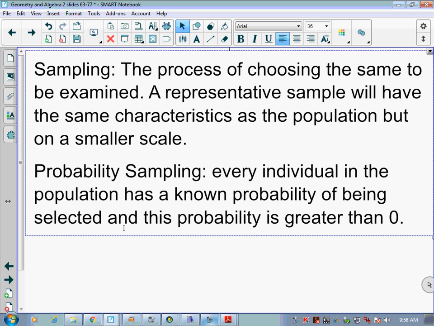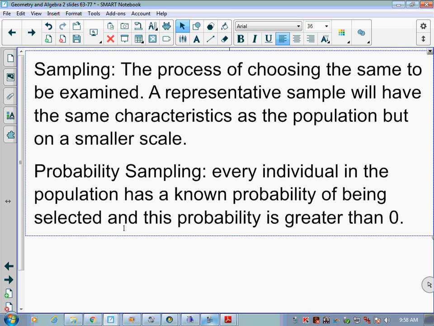How many kids are in this class? There's 18 students in the class, 17 today. There are 11 girls in here. 11 out of 17, right? That's the probability: number of desired over number total. If you're in here and you're a girl, you have a higher than likely chance of being picked to answer a question, if I'm only selecting girls.